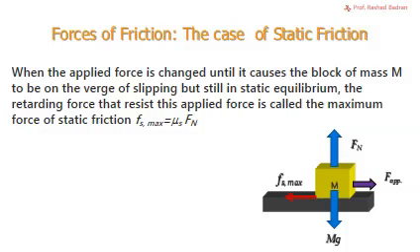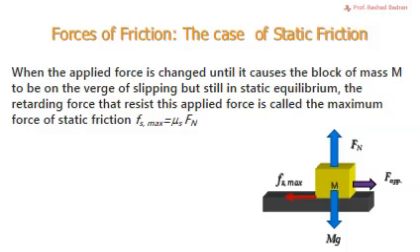Now, to understand what we mean by the maximum force of static friction, we can apply a force along the x-axis, and at the time we apply this force, the static force of friction prohibits the force from changing the state of motion of the mass.